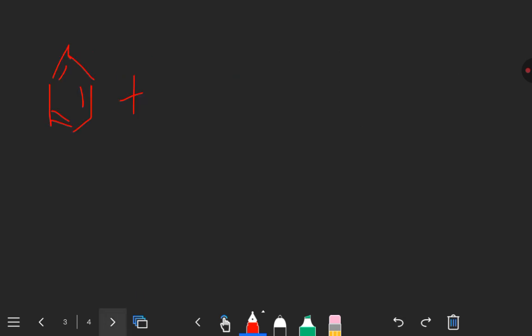So we have this double bond here. It will grab this electrophile. When this double bond grabs this electrophile, let me write the arrow nicely.